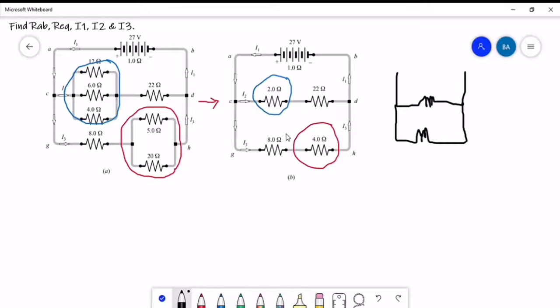8 ohms plus 4 ohms is equal to 12 ohms, and then 2 ohms plus 22 ohms is 24 ohms.